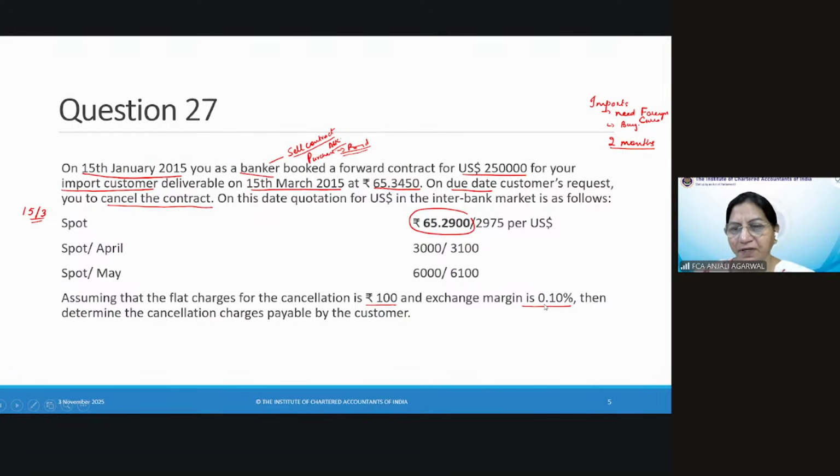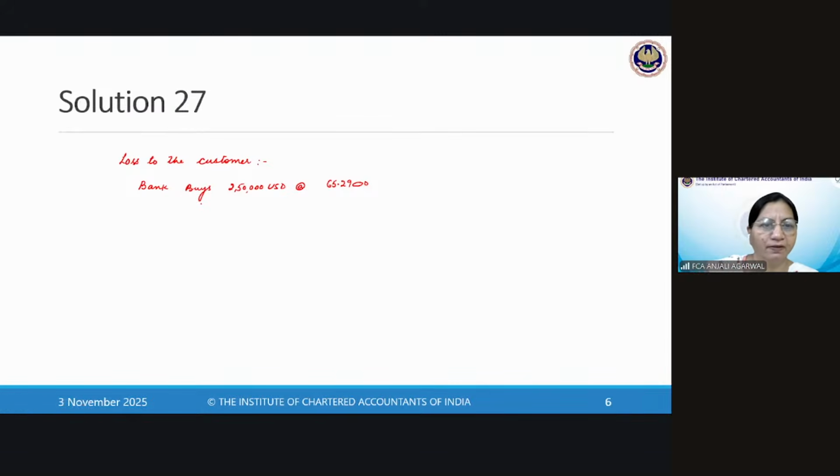However, there is an exchange margin of 0.10%. In the bid rate, the exchange margin is deducted. And if it is the ask rate, add the exchange margin. Okay. So it's less the exchange margin (0.10%).